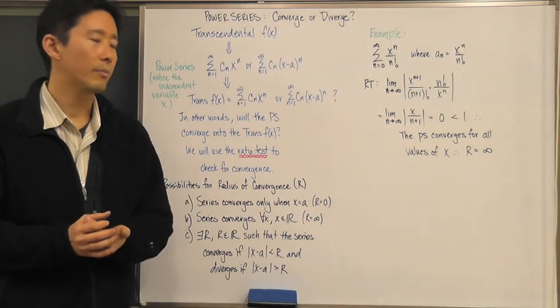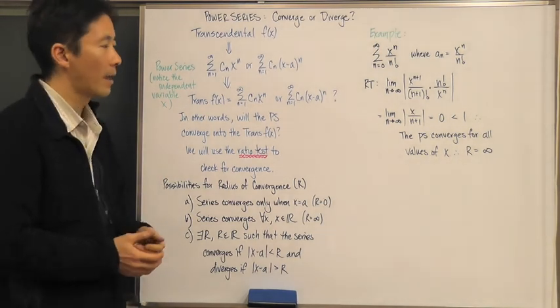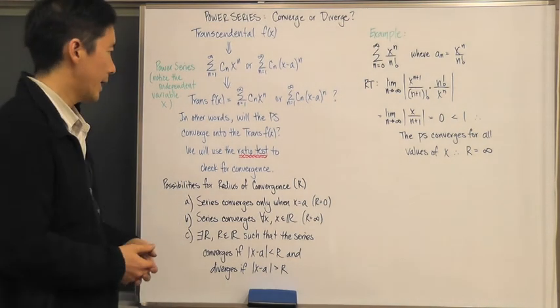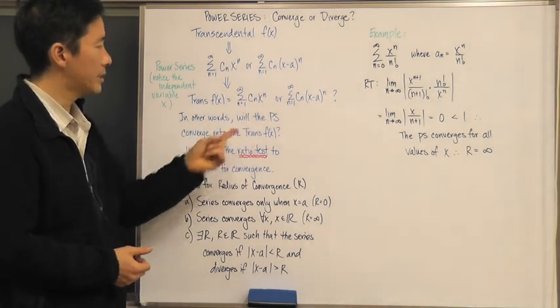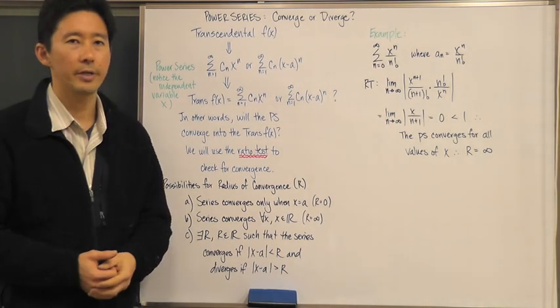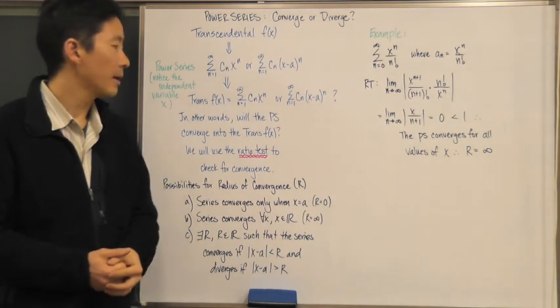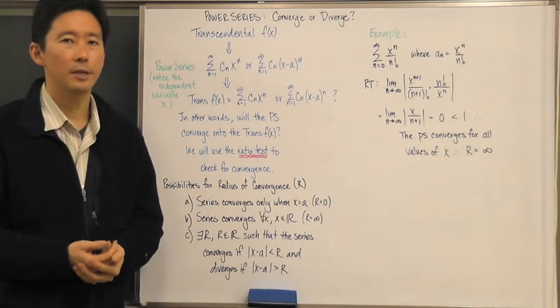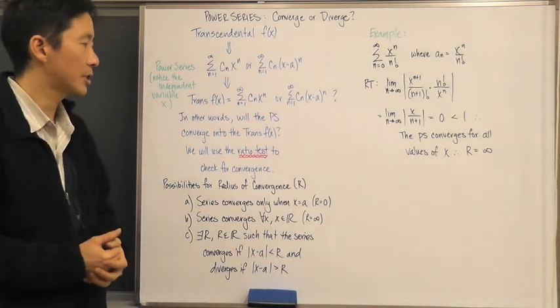That's a very important question to ask. Another way we can rephrase that question is, will the power series actually converge onto the transcendental function? And we will use the ratio test to check for that convergence.